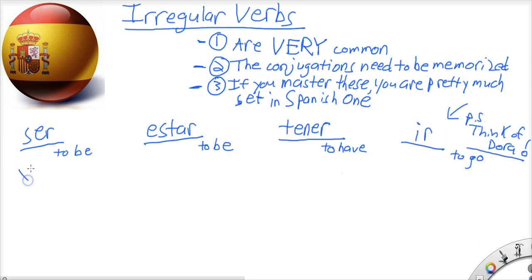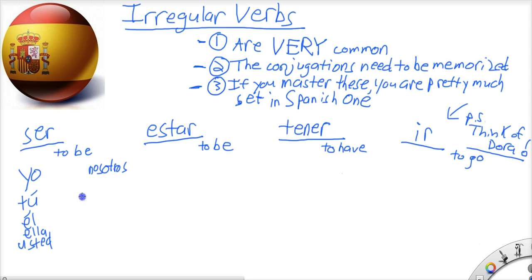Now for this first one, I will set up our conjugation chart, but for the rest of them, I will not do that. So we have our first person singular, our second person singular, and our third person singular. Yo, tú, él, ella, usted. And then we have nosotros.